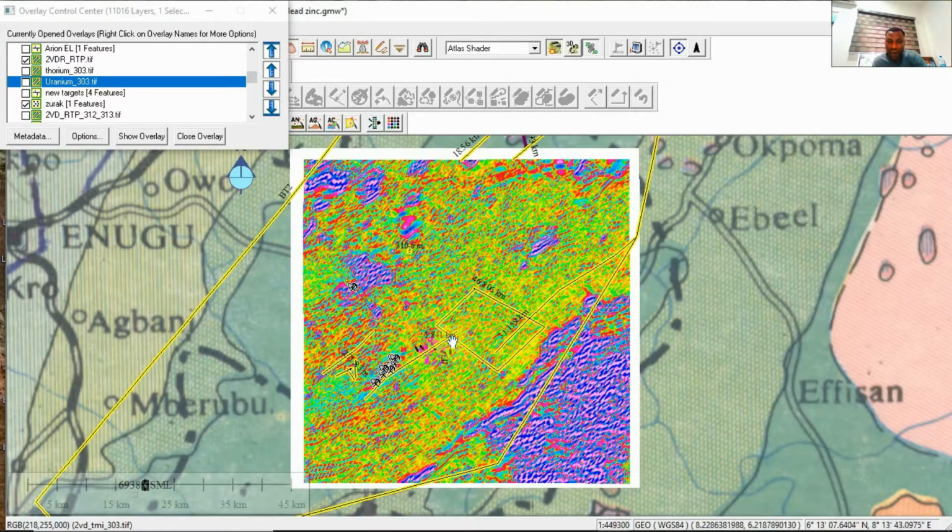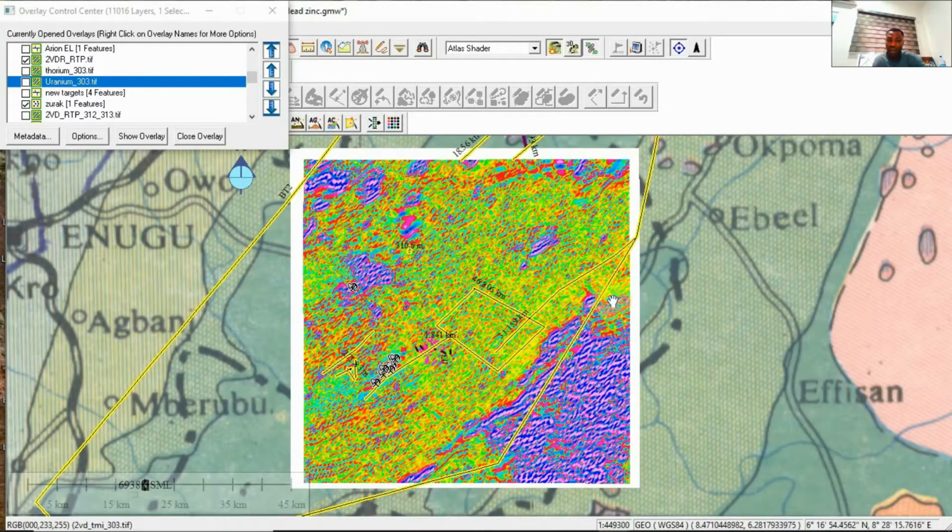Okay, let's look at this. When looking at this regionally, you can see that there's a very clear demarcation here. This is a clear rock unit that is actually quite different from what we are looking at here. Where we are looking at now is the aeromagnetic lineament, mostly within the Lower Benue Trough.